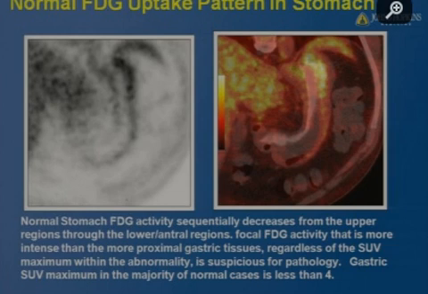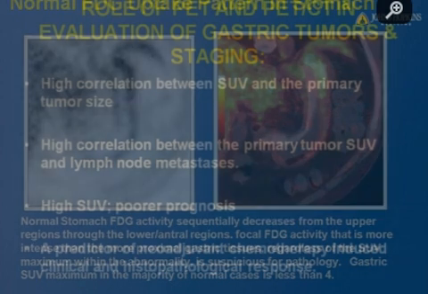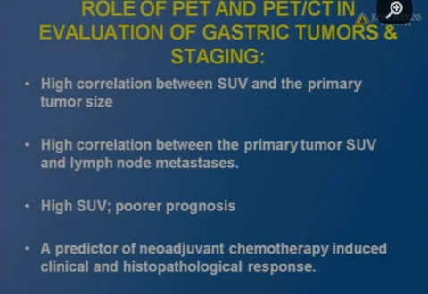So if we see a patient in the gastric antrum or distally, there is, even if it is a normal uptake, but it's higher than the gastric fundus, we start to worry. And there is a number of 4. It has been found statistically significant. If the activity is more than 4 SUV value, then we need to send this patient to endoscopy to rule out underlying benign or malignant reasons.